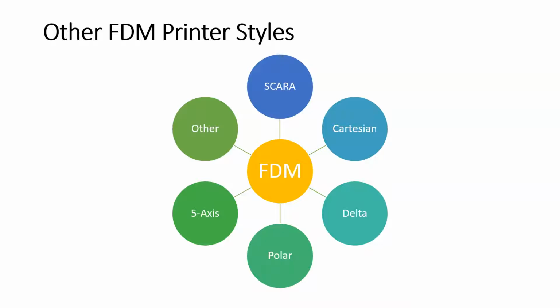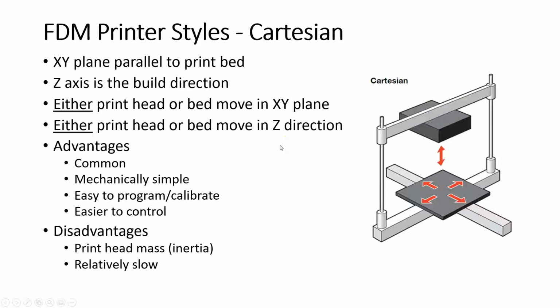Okay, so what a style is basically how the print is going to occur, manipulating the axial directions, right? The X, Y, and Z. All right, and so we have SCARA, Cartesian, which is like the Stratasys, and the most common one, Cartesian. SCARA, Cartesian, Delta, Polar, 5-axis, and then there's some weird ones out there. So we'll have a look at some of these.